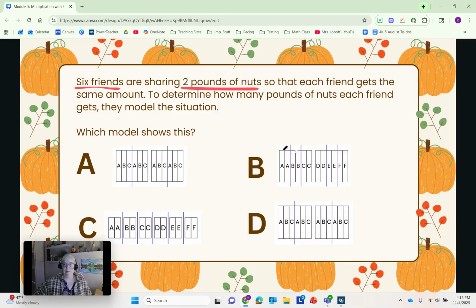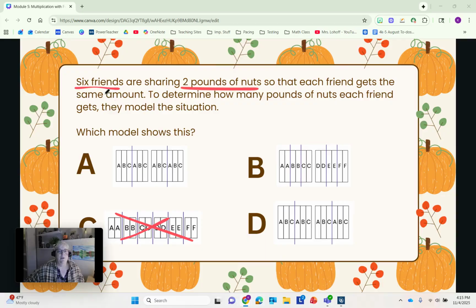I have 2 boxes to show 2 pounds. C shows 1, 2, 3, 6 pounds. Nope, we only have 2 pounds of nuts that's being divided. Here D shows 2 pounds as well. So now we have to pick between A, B, and D.